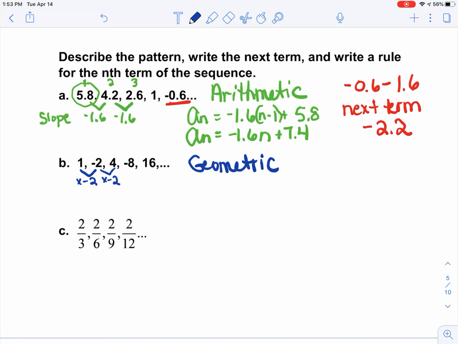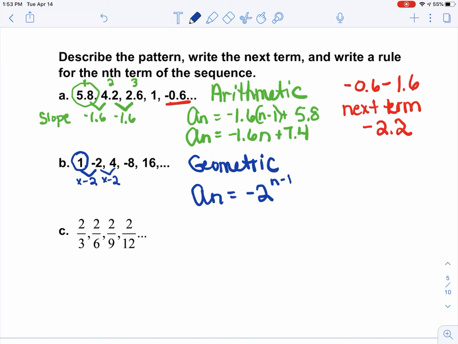All right, so now we need to come up with some type of a rule. Okay, so a sub n equals, I'm multiplying by negative 2, so that's going to be the base of my exponential. Now, if I take negative 2 to the first, I should be getting a 1.